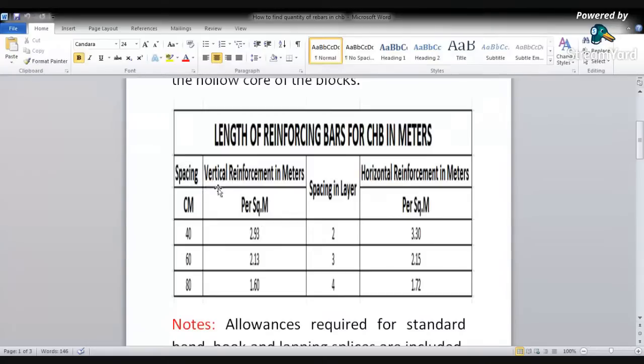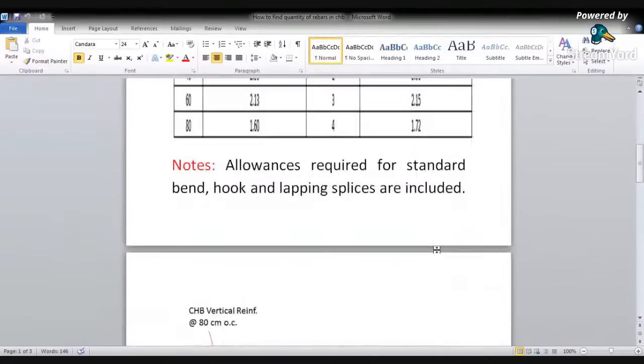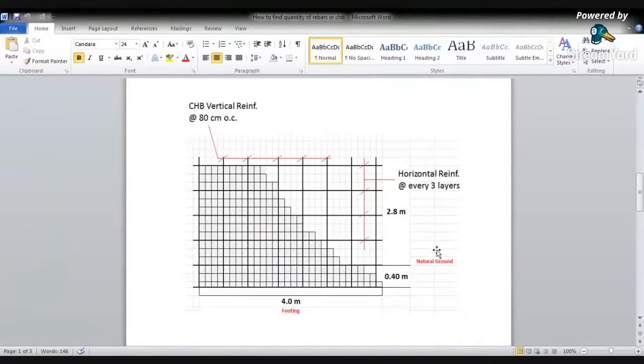As mentioned here in our example, the vertical spacing is 80. So you need to multiply the area of the wall by 1.6. And for every 3 layers, we will multiply the area by 2.15. So it's very easy. Now we are going back to the computation.